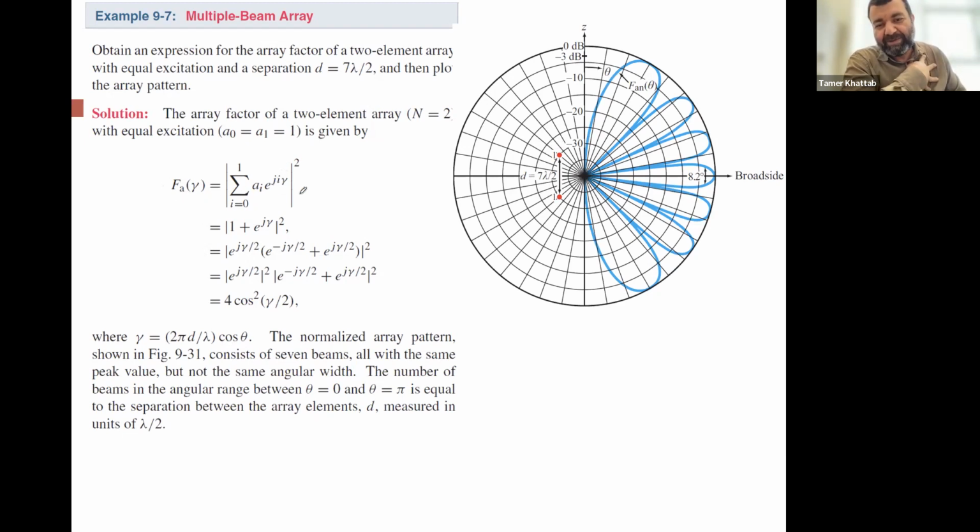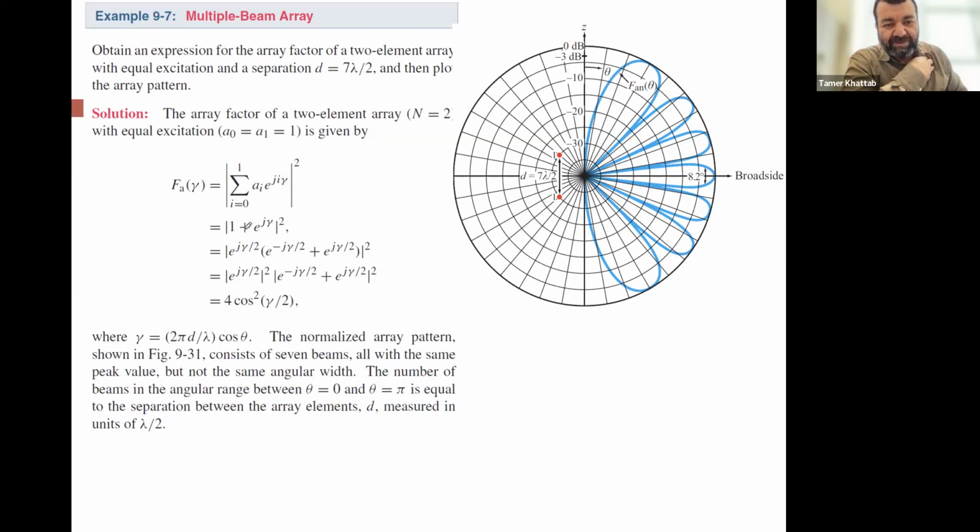Apply the same rule that we mentioned. And it says here that they are equal excitations. So this means that there is no phase shift and there is no amplitude scaling. So you can consider the case where all the A's are equal to 1 and the phase shifts are all equal to 0. And this is why, when you try to solve this expression, you end up with 1 plus e to the j gamma, right?